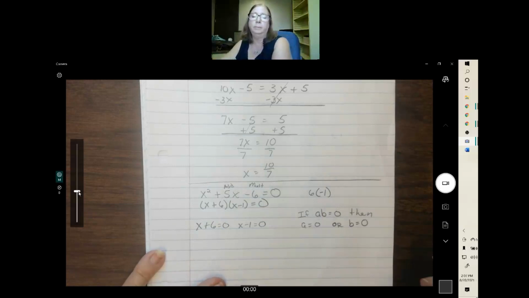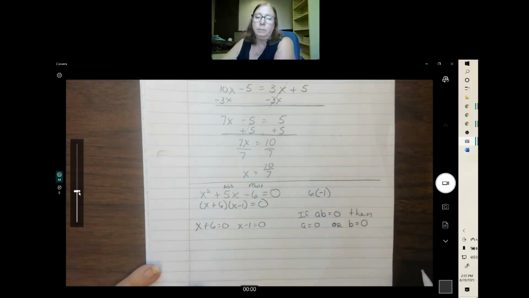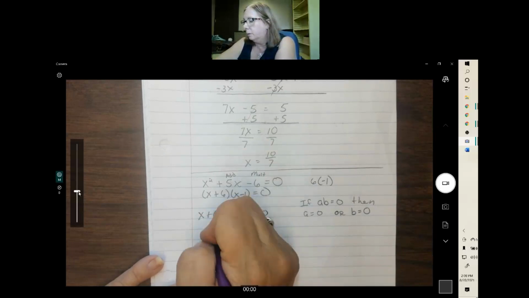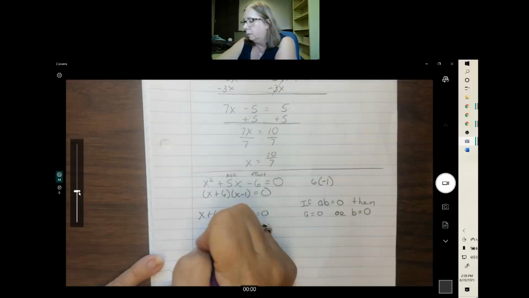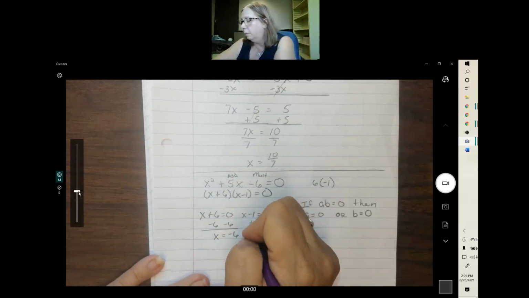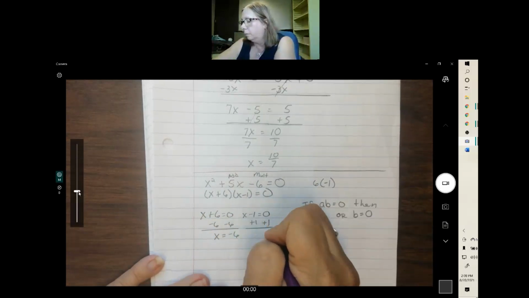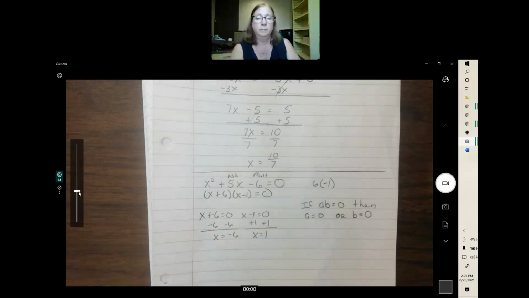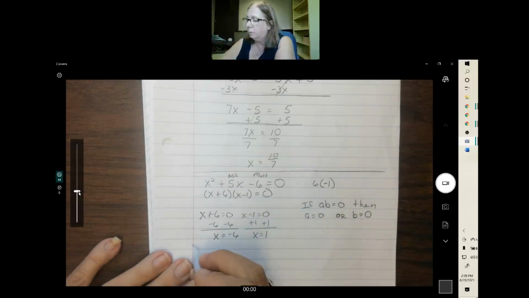And then we can solve them. This one, subtract the 6. And this one will add 1. So we have -6 and 1. Any questions on that one?